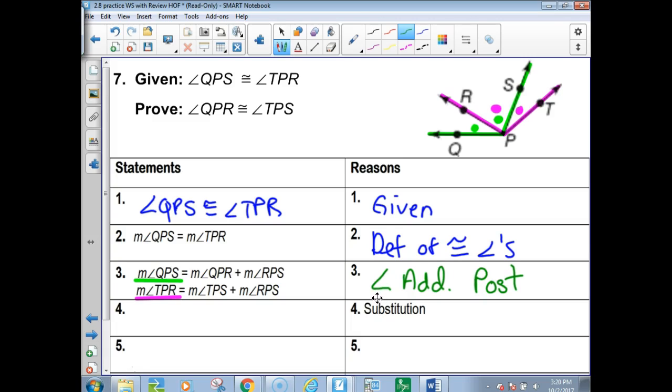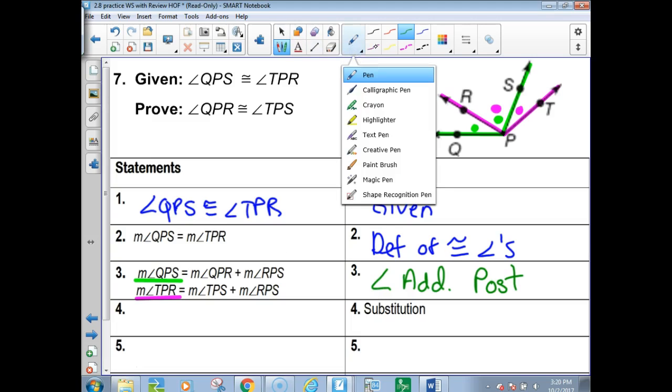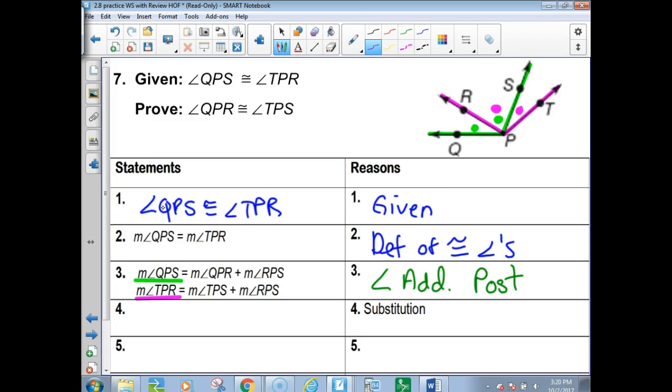All right, well, if they already have it in line, this is really not that bad of a proof. You already have that angle QPS equals angle TPR right here. So let's take this, put it in there, and take this and replace it for that.